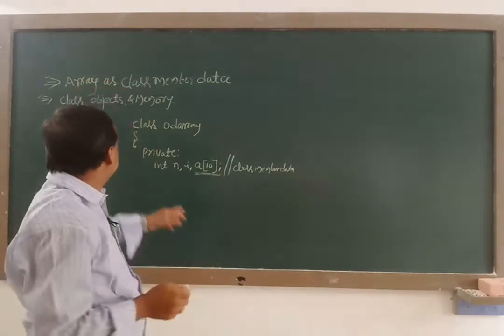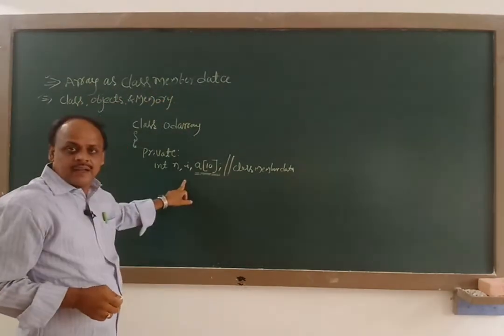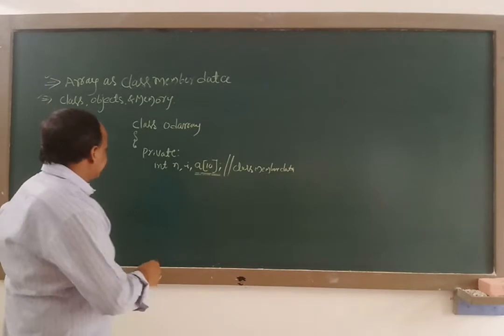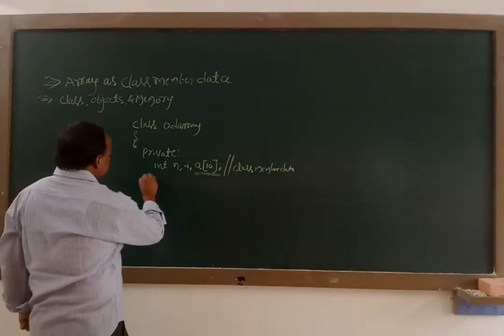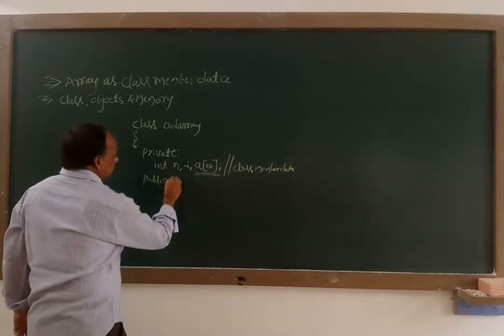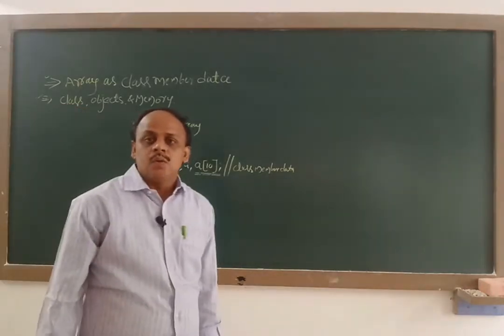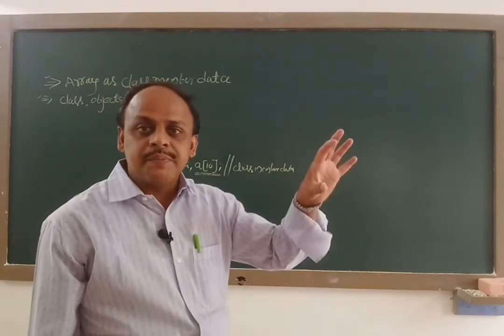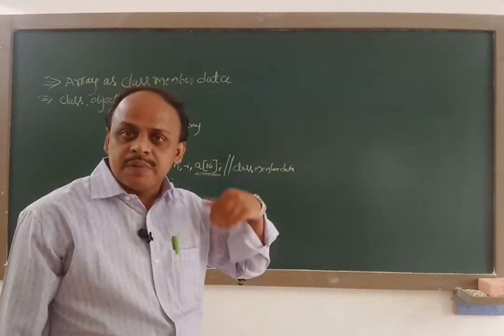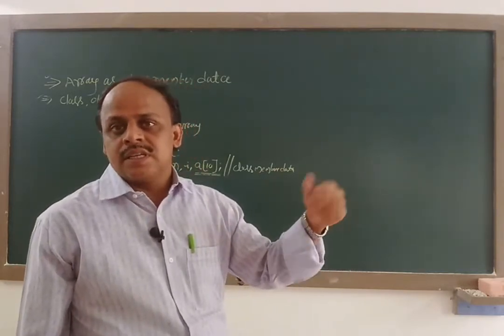That's why the heading is array as class member data, right? And next, public. Here I have to consider two functions, that is one input function to accept n elements and one display function to print n elements or display n elements.